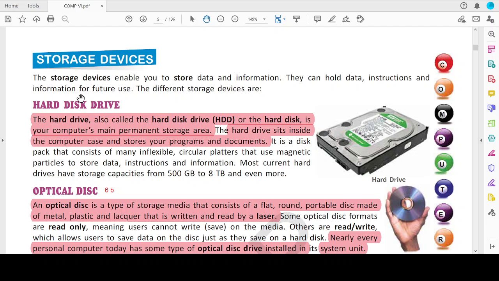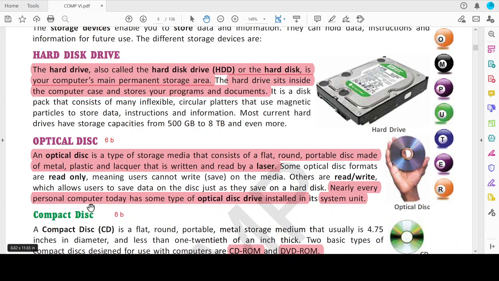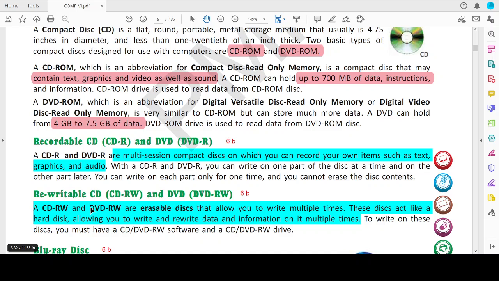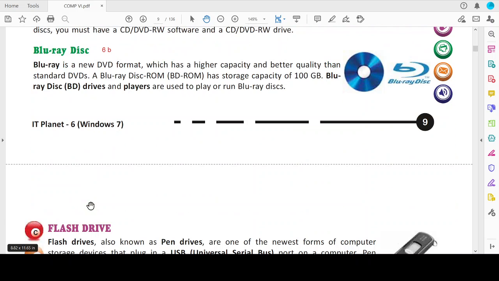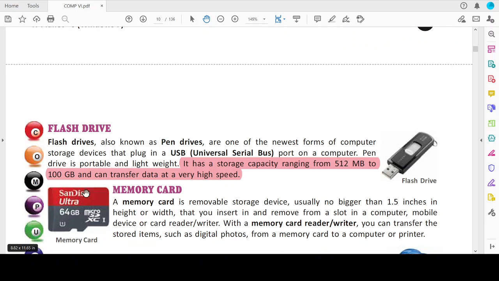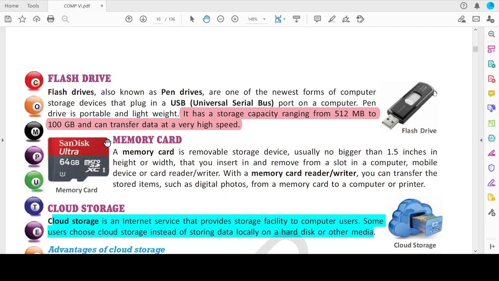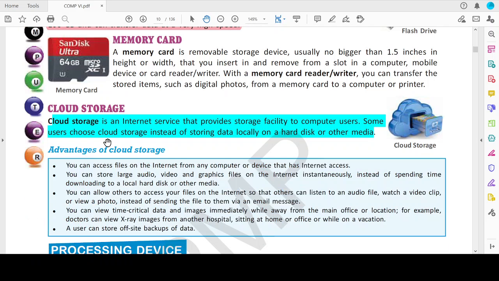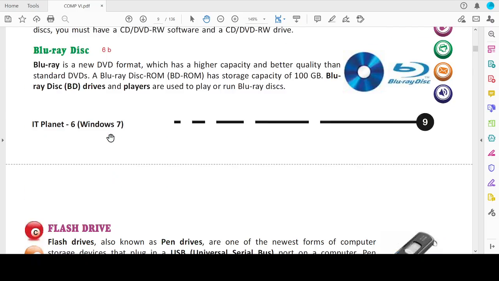We store them on devices like a hard disk drive, on optical disks like CD-ROM or DVD-ROM, or on a flash drive like a pen drive. So let's see each of them in detail.